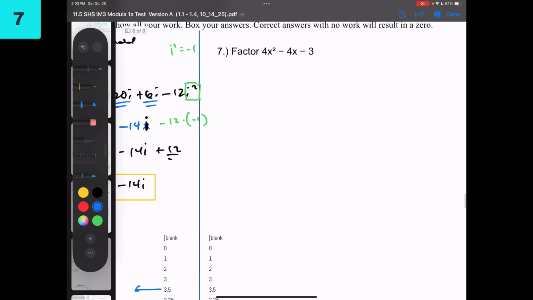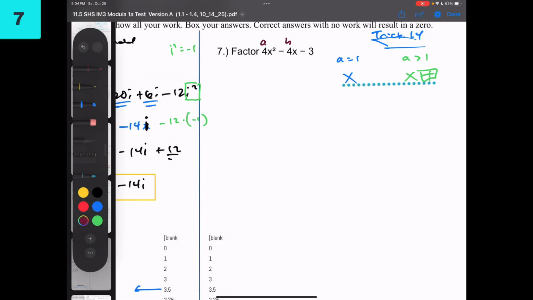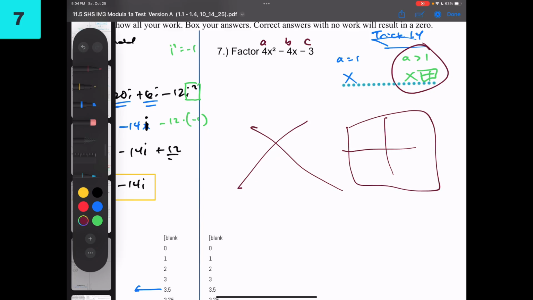Number 7, here's the trick to factoring in 1.4. If your a value is 1, then you're just going to use the x. If your a is bigger than 1, then you have to use the x in the box. So in this problem, a is 4, b is -4, and c is -3. So a is bigger than 1, so I have to use this. A times c, and you have your b value. So a times c is 4 times -3 is -12.